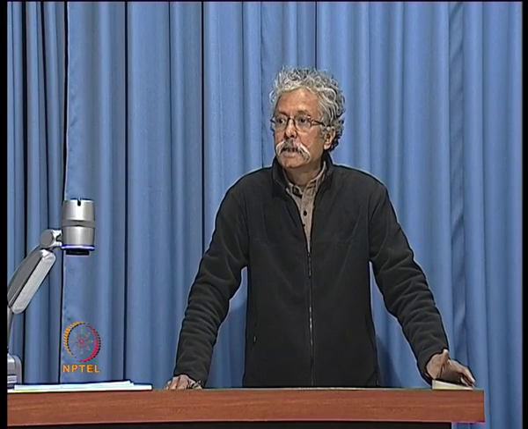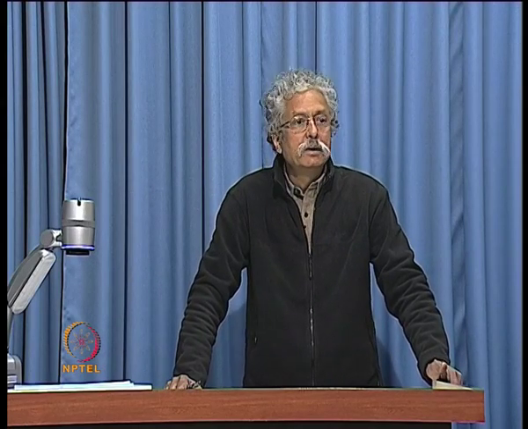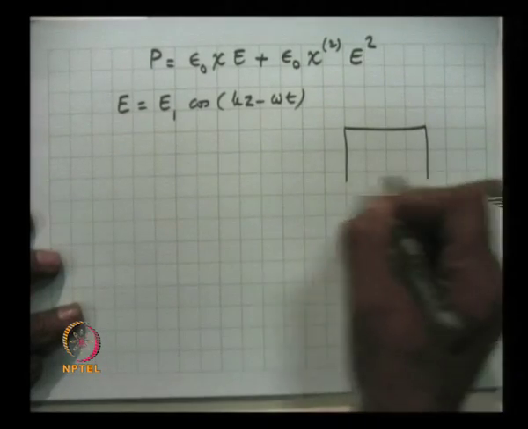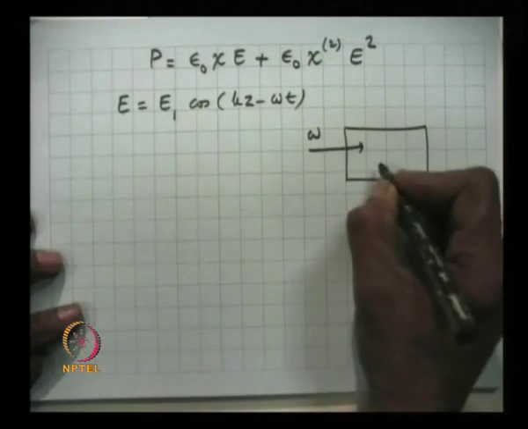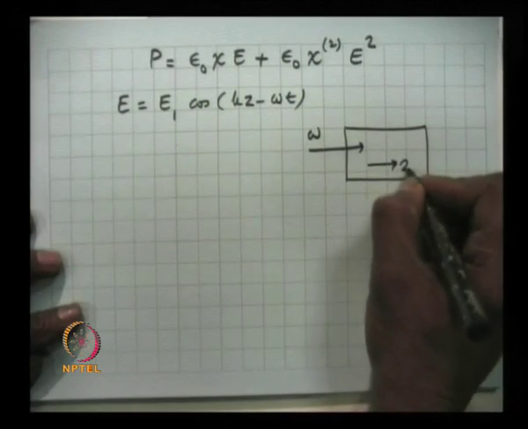So, it implies that the dipoles are also oscillating at frequency 2 omega. So, when a dipole oscillates at a frequency 2 omega, it generates electromagnetic waves at 2 omega frequency. So, that is the origin of 2 omega. So, if I take a nonlinear medium and launch omega frequency into the medium, inside the medium I will generate 2 omega also.